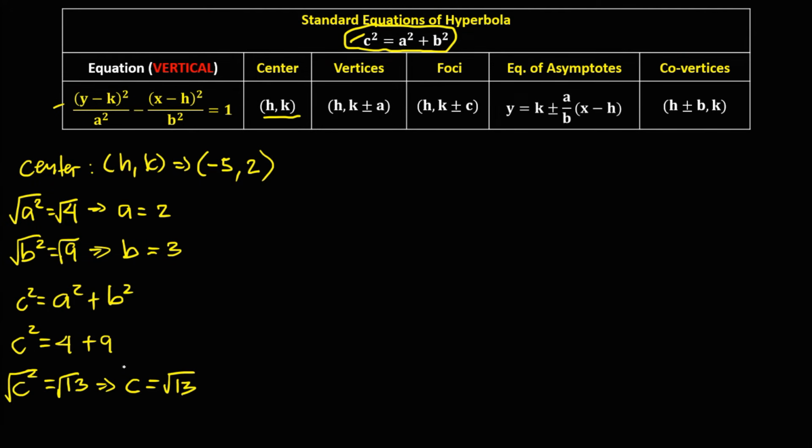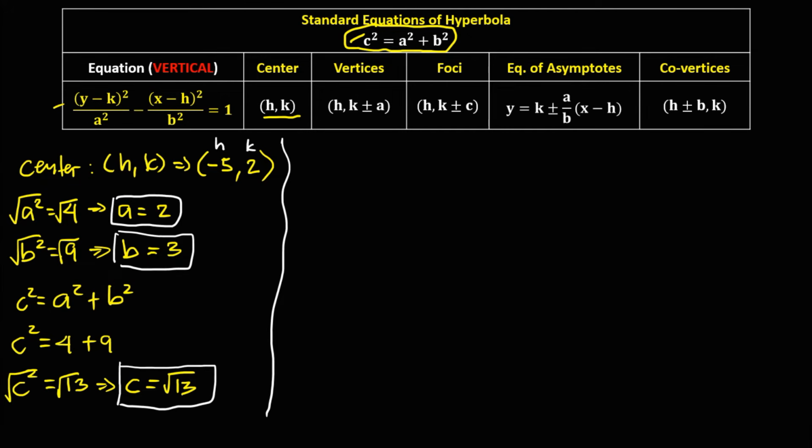Then this time, since we have now the 5 values, the c, b, a, and the h and k, we can find now the vertices, foci, equation of asymptotes, and the co-vertices. So for the vertices, the formula is h, k plus minus a. Then substitute now the values. So h is negative 5, k is positive 2, then plus minus a is 2.